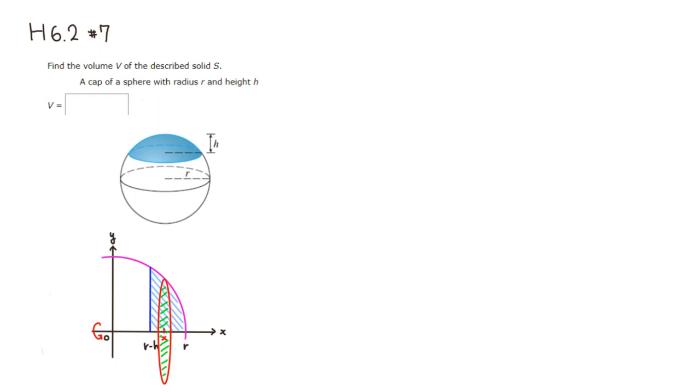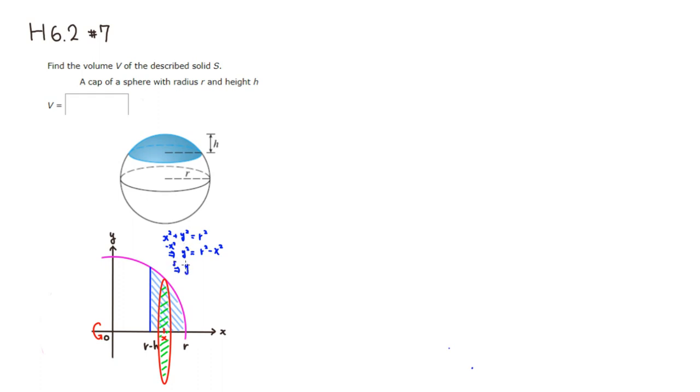We can create this object by rotating a region. So let's say you have a circle with radius r. The equation would be x squared plus y squared equals r squared. So we can solve for y. You have y squared equals r squared minus x squared, and we can just take the square root.